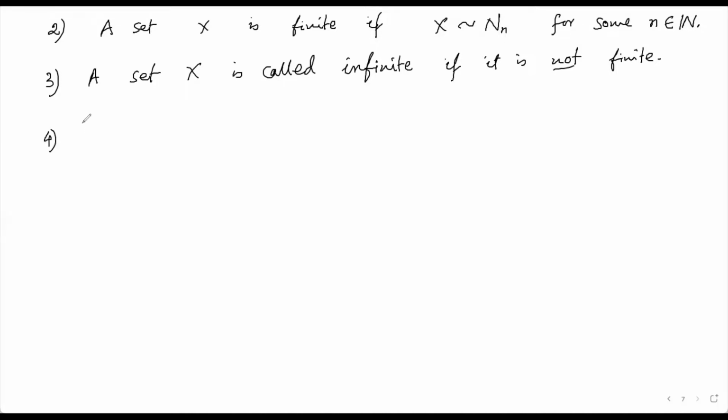Fourth item, now here is the definition of a countable set. A set X is called countable if X is equivalent to the set of all naturals.